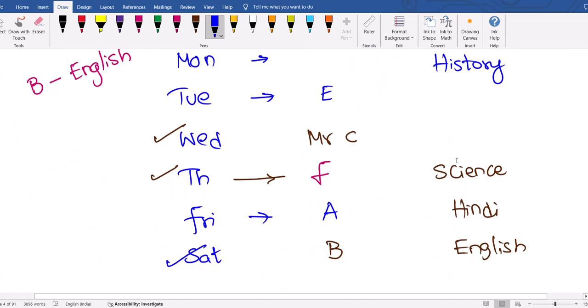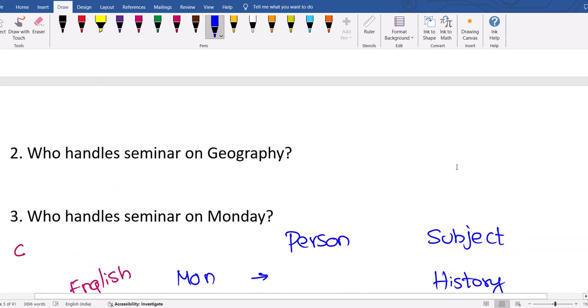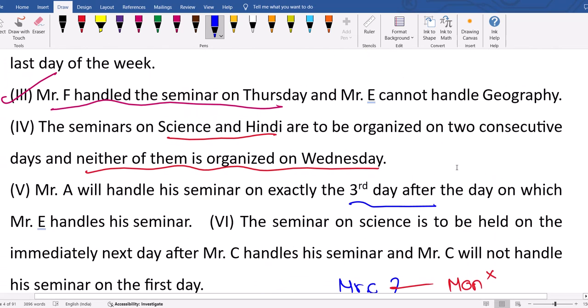Fine. Almost, once we fix C's position, things are relaxed. But if you don't fix that C position perfectly, then things will be worrying. Now maths and geography are still there, but they said geography is not handled by E. Mr. E cannot handle geography.